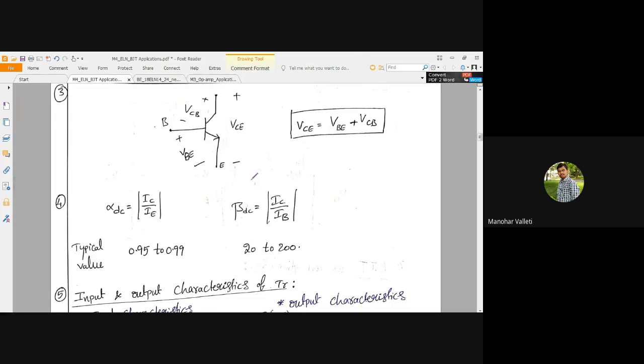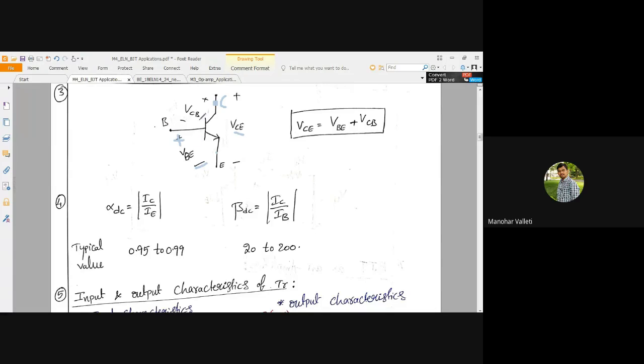And if you see the voltage across the BJT, VCE is the voltage between collector and emitter. You see here, CE means C is at positive potential and E is at negative potential. In the same way, VBE means B is at positive potential, E is at negative potential.